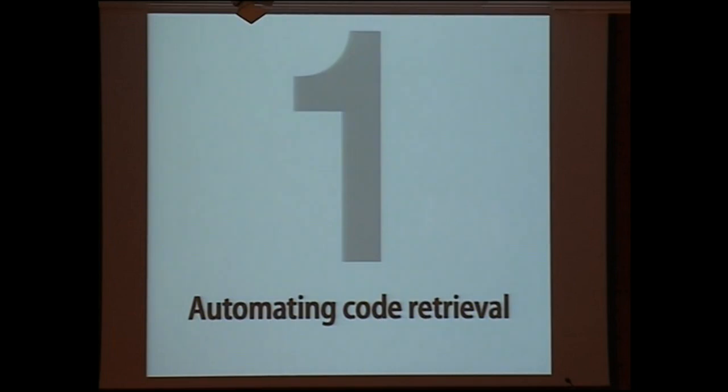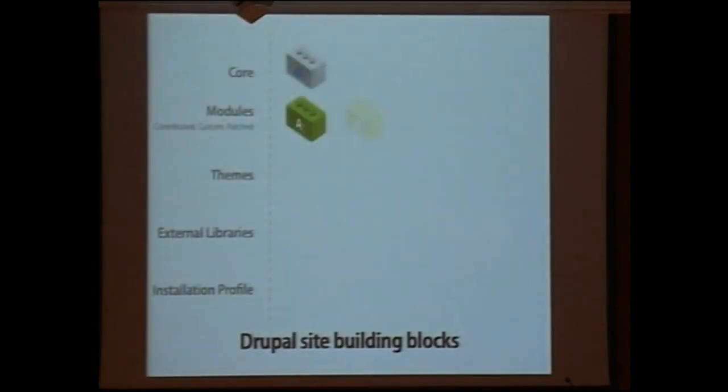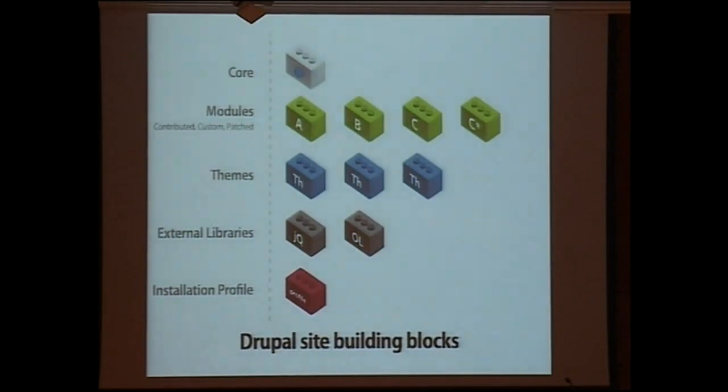So let's start with the first step, getting the code for your Drupal site automatically. As everybody knows, there's a large set of components for any Drupal site. You have Drupal core, you have modules, and those modules can be standard contributed modules, your custom modules, patched modules.